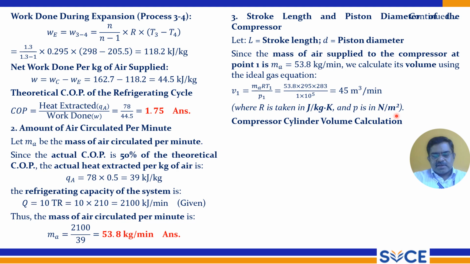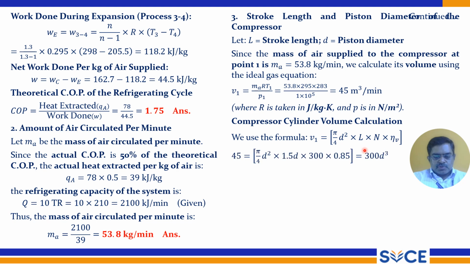So the compressor cylinder volume calculation we can do here. We use the formula V1 equal to pi D square by 4 into L into N into volumetric efficiency. We know the volumetric efficiency also, and 45 equal to, in terms of D, we are converting this equation, so it comes to 300 D cube.